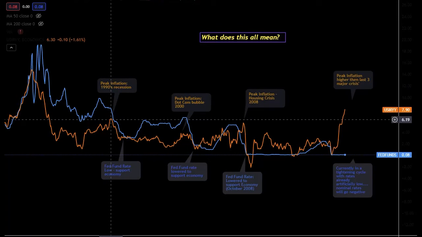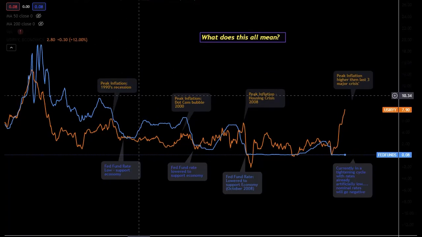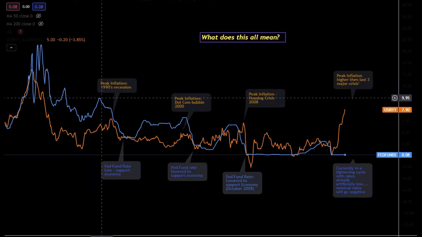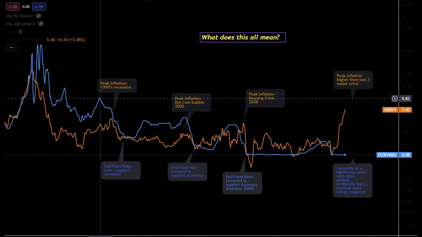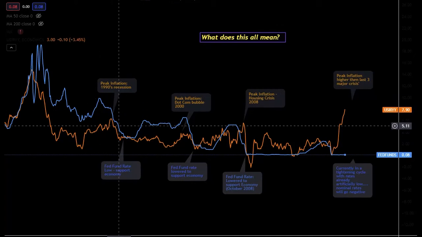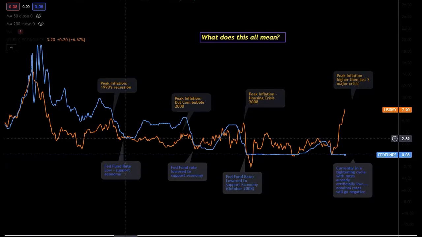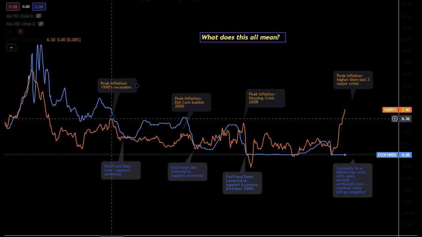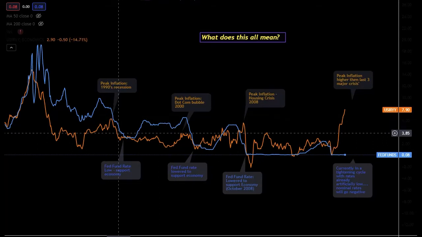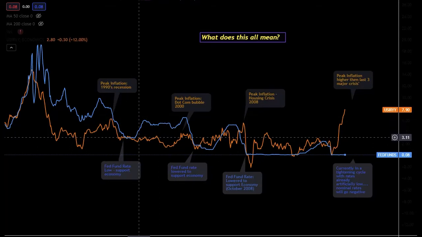So peak inflation, alongside a couple other macro factors, caused the 1990s recession, which caused interest rates to collapse and bottom roughly at the 2.7% mark. So they went all the way from 9.83% at the high to 2.83. The Federal Reserve is always behind the curve in the sense of when they lower rates, but it shows you that when you have peak inflation, in most scenarios something bad is on the horizon.